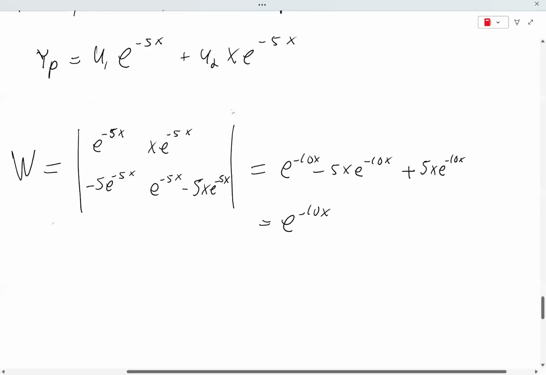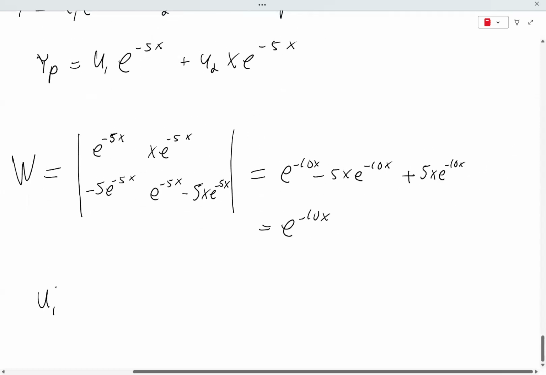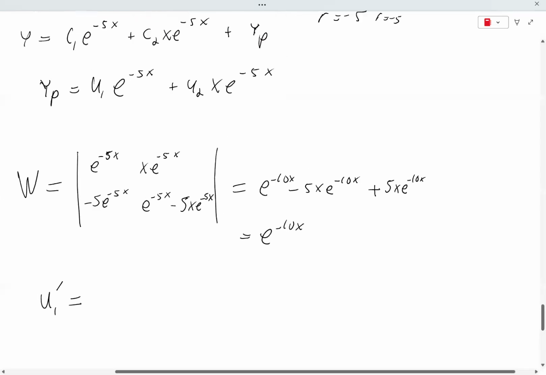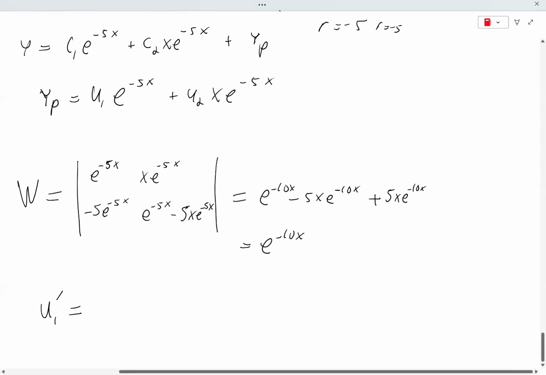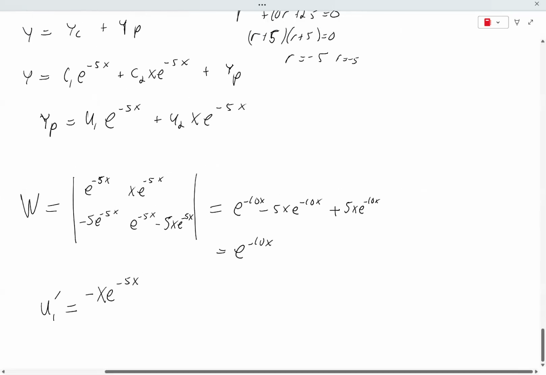Okay, now u sub 1 prime is equal to, as a formula for that, it's negative y1. Is that right? Wait a minute, remember how that goes? It's negative y2. I'm sorry, negative y sub 2 times f of x. And now the f of x comes into play.